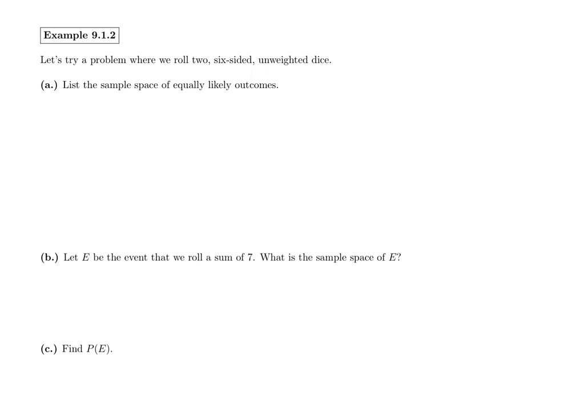So we want to list the sample space of all of the equally likely outcomes. So our sample space here is going to be the set of all possible outcomes. Well, we could roll a 1 and a 1, or a 1 and a 2, or a 1 and a 3, a 1 and a 4, a 1 and a 5, or a 1 and a 6.